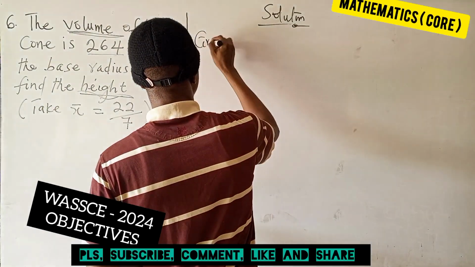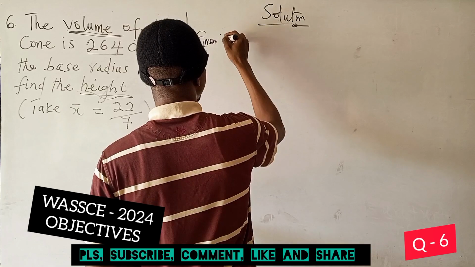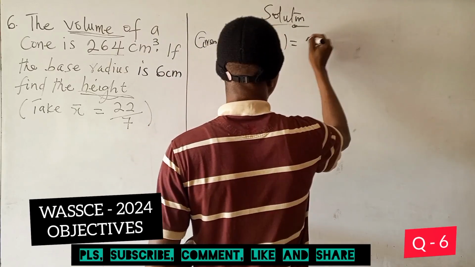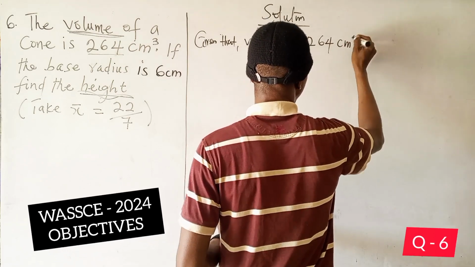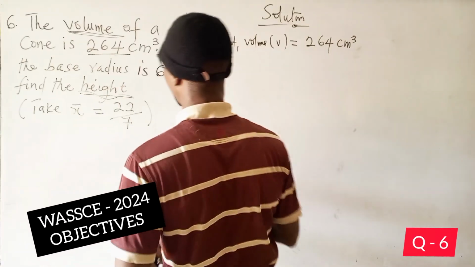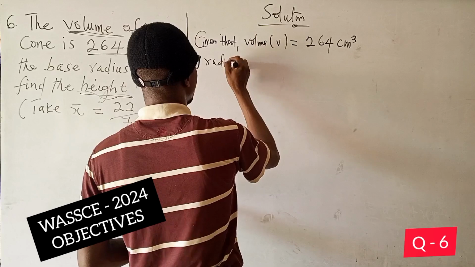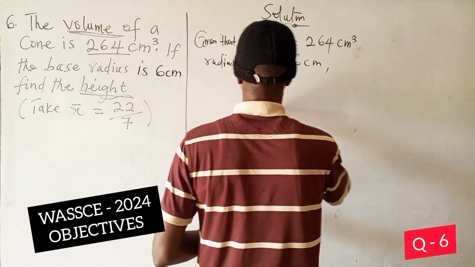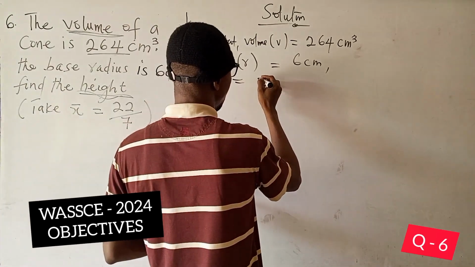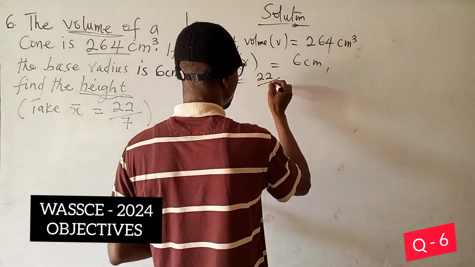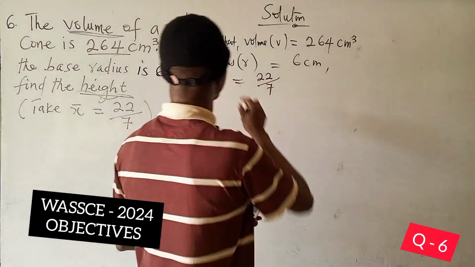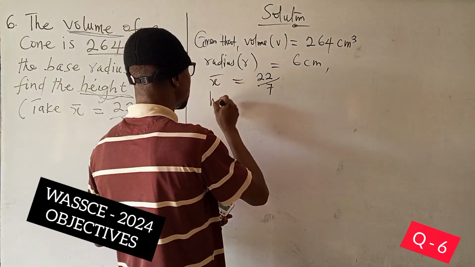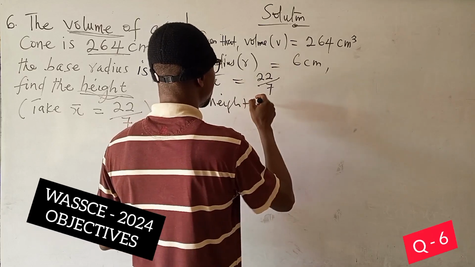We have been given the volume of the cone as 264 cubic centimeters, the radius of the circular base as 6 centimeters, and the pi value as 22 divided by 7. Our interest is the height.